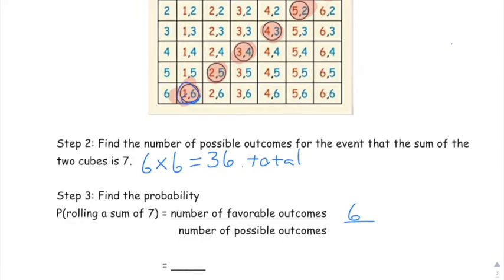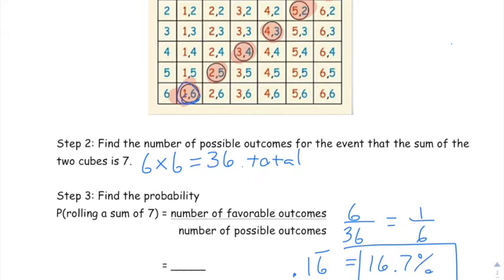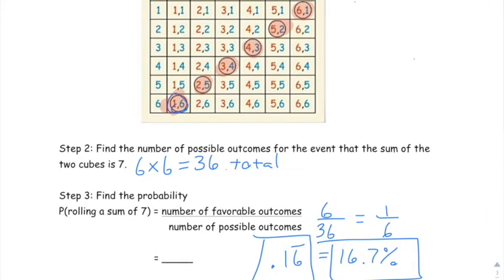So we'll say the 6 favorable over the 36 total. That reduces to 1/6. Or you could write that as a decimal, and that'll be about 0.16 repeating, or you could say about 16.7%. And just depending on your teacher, check with them to figure out how they want the format of it.